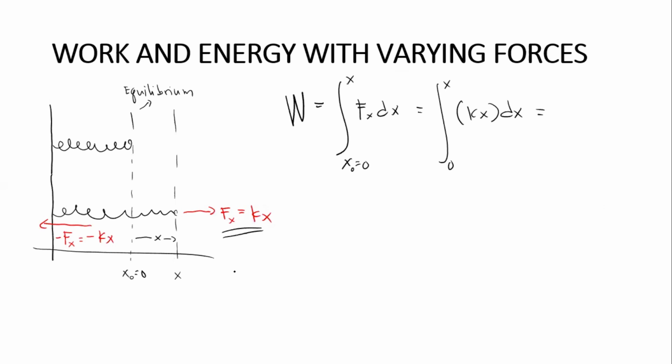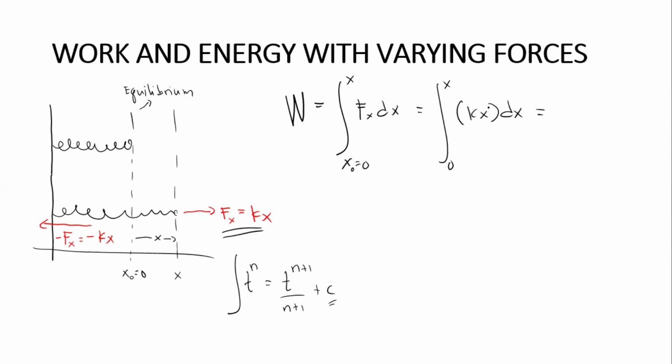So if you recall, the integral of t to the power of n dt is equal to t to the n plus 1 over n plus 1 plus c, where c is a constant.